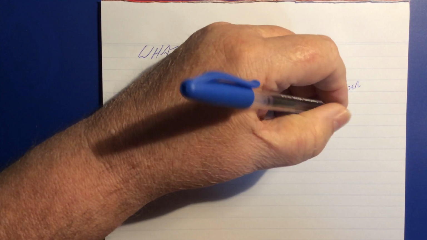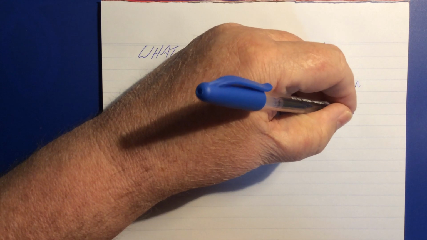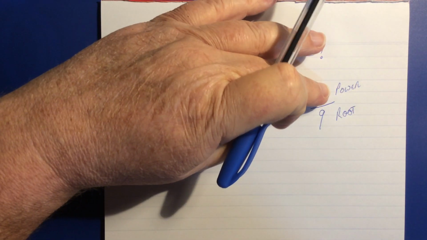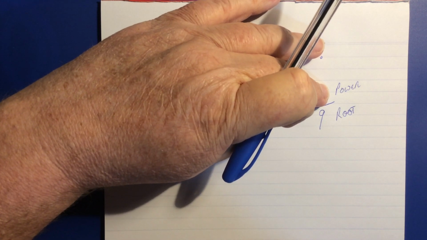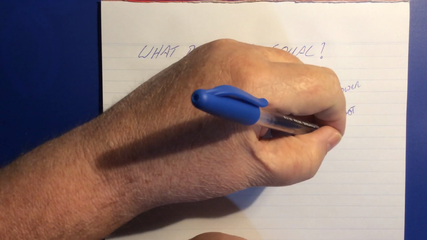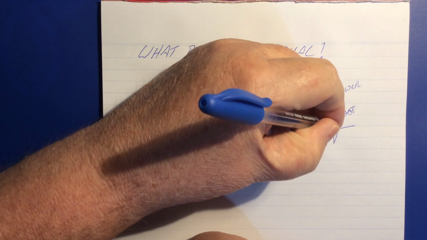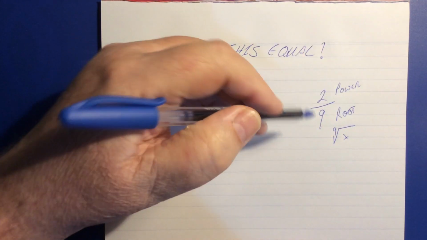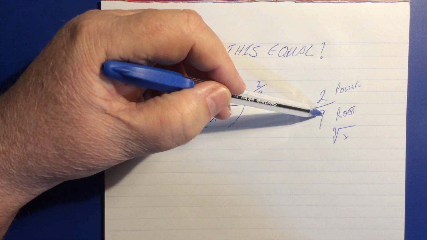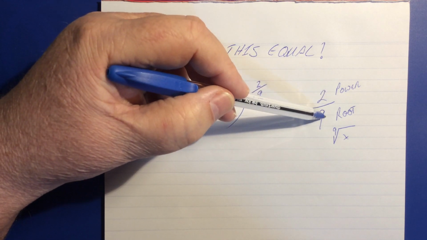This number down here is the root. And if we didn't have 2 there, say we just had 1 there, or we expressed this a different way, such as that, it would be the 9th root. So, power, root.